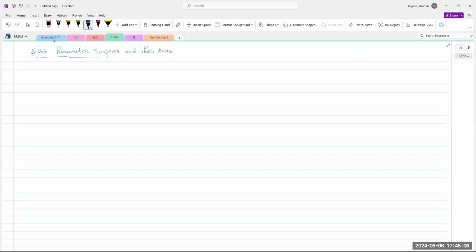You will see that this section is quite new for us. We have learned surfaces in the past. We have learned the area of a surface. However, this section is dedicated to a more general approach compared to what we had before.